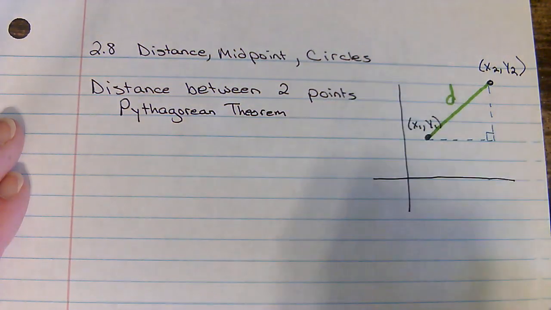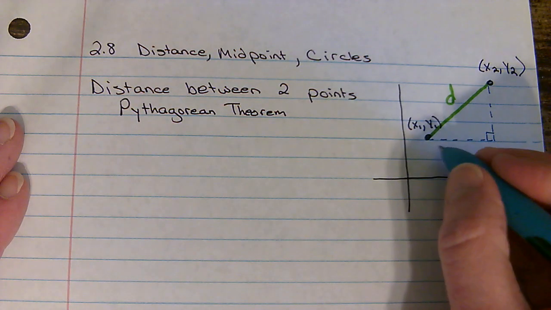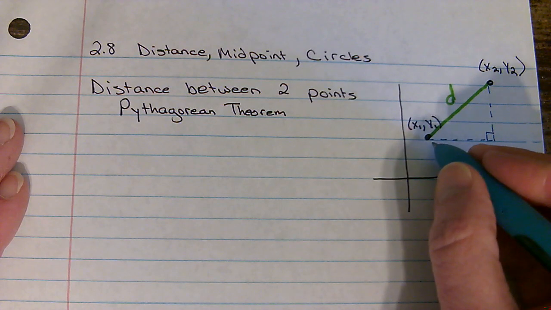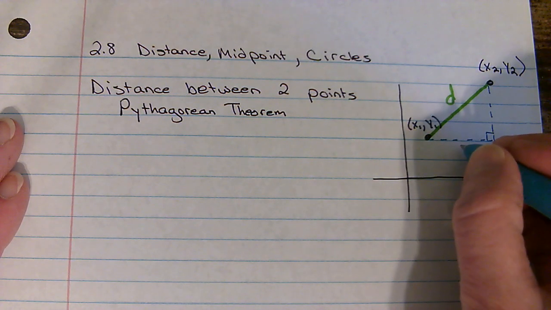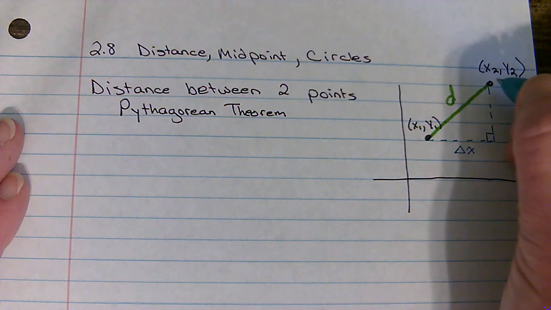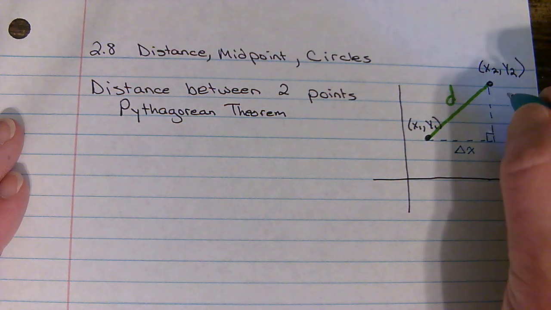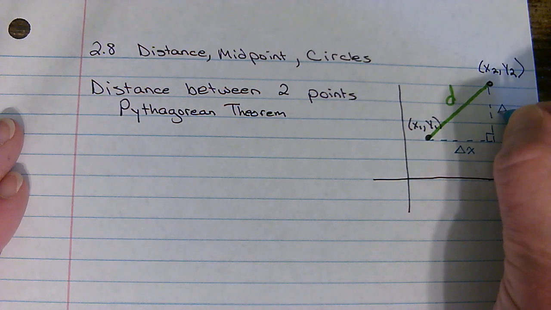Let's see if we could figure out those legs of that right triangle. Well, this leg would be the differences in my x's, so the change in my x's. And this distance is a vertical distance. That's going to be the change in my y's.